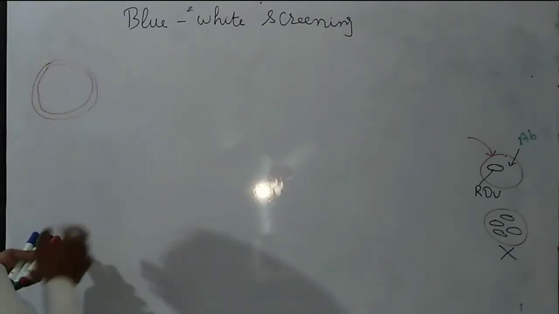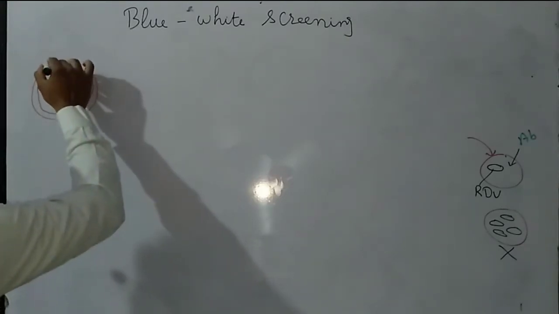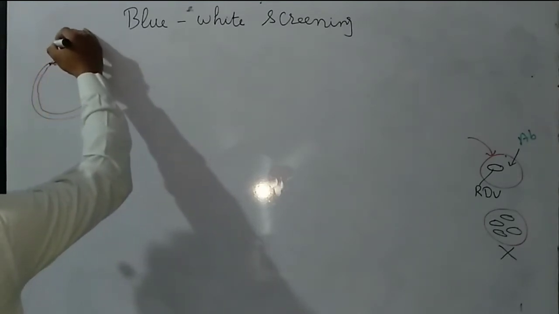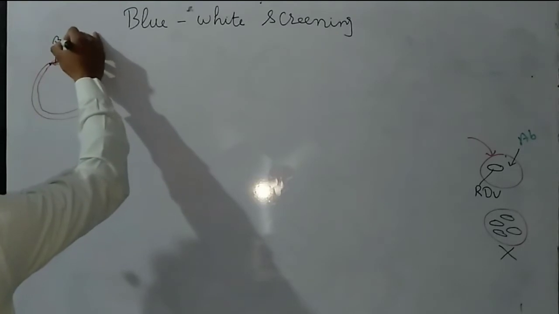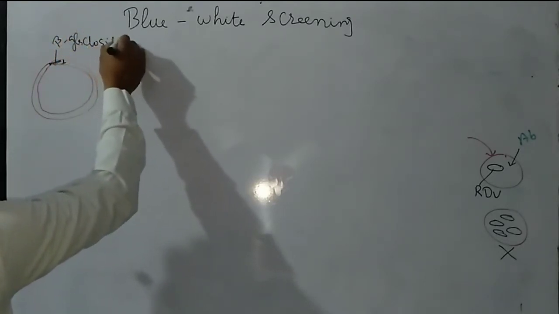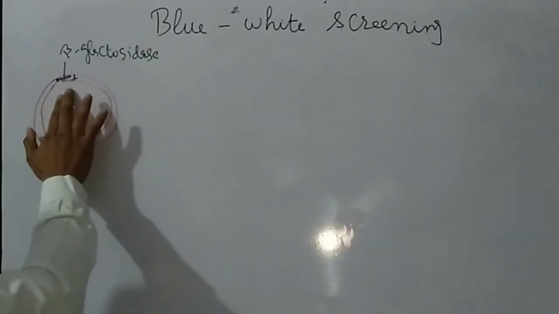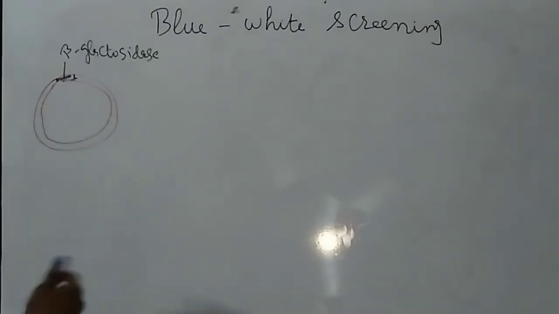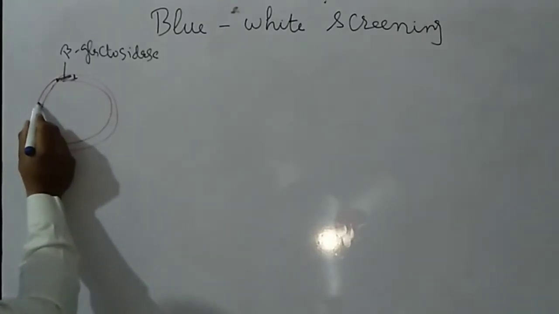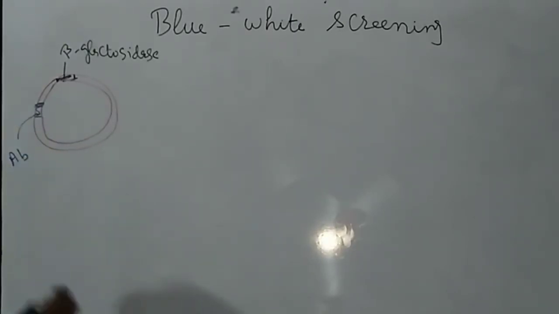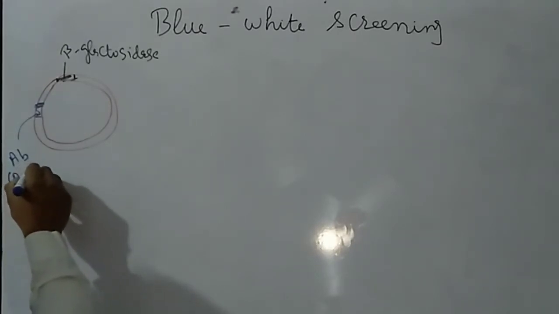Now, in this vector we always have a reporter gene, and this reporter gene is called beta-galactosidase. Okay. And this plasmid or vector also contains an antibiotic resistance gene as well, which is ampicillin.